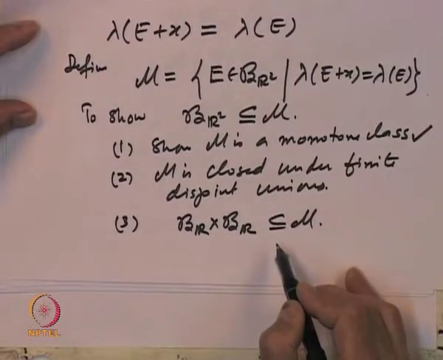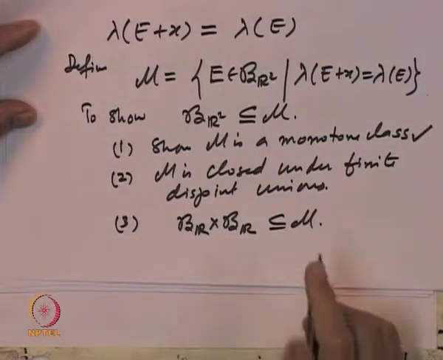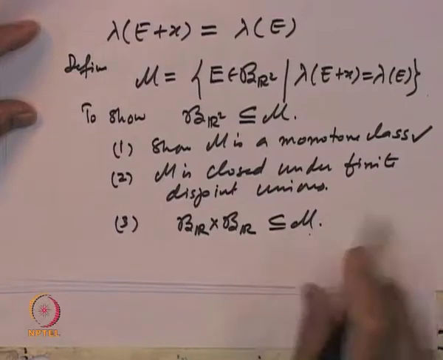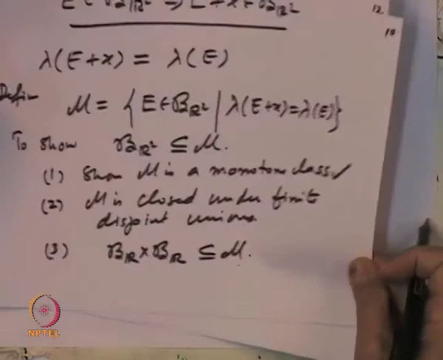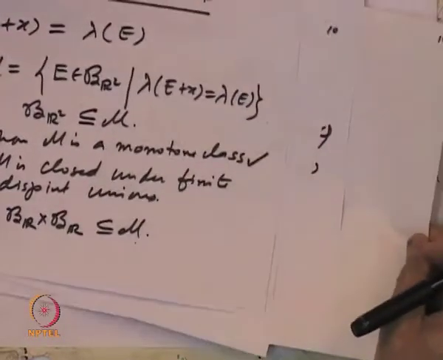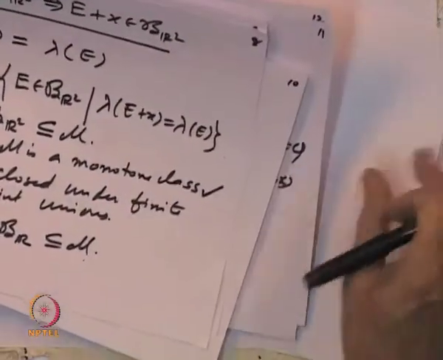Finally, we prove the third fact, namely the rectangles are inside M. That again is a straightforward simple fact to prove.